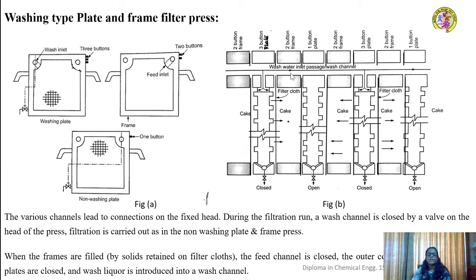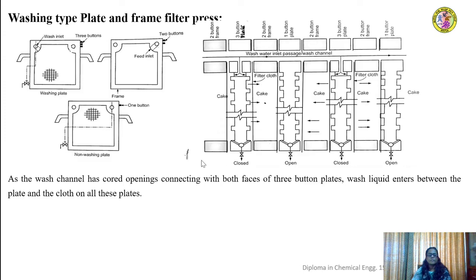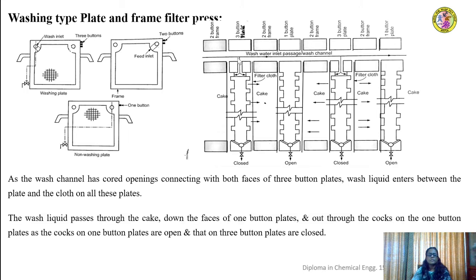So that is how we can obtain a thorough washing in a washing type plate and frame filter press. These are the cork openings that are provided on the washing plates that lead to the inlet channel for the wash liquid.